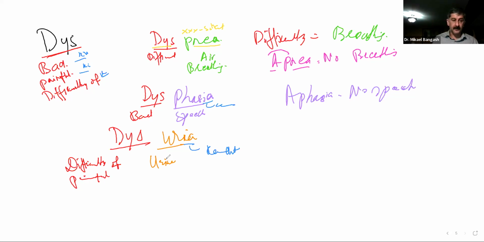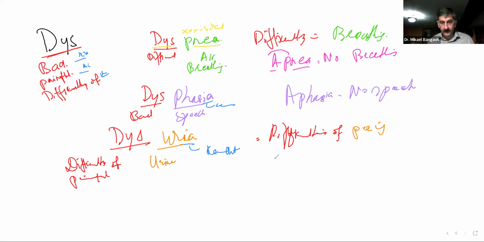So for instance, if the patient has difficulty of peeing, or whether it's painful while peeing, both of them can be referred to as dysuria.